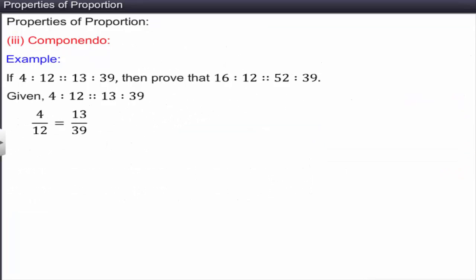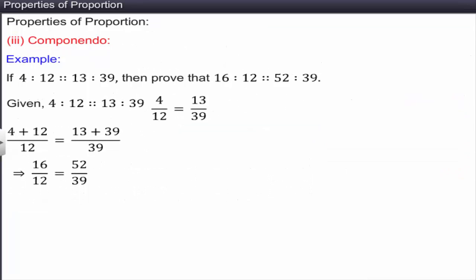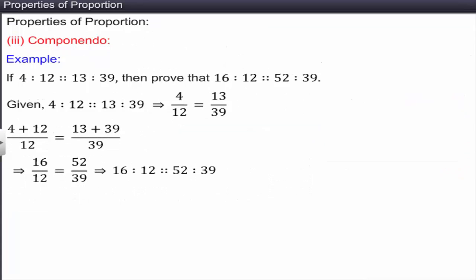Now, on applying the property of componendo, we get 4 plus 12 divided by 12 is equal to 13 plus 39 divided by 39. On simplifying, we get 16 divided by 12 is equal to 52 divided by 39. It can be written as 16 is to 12 is as 52 is to 39. Hence, 4 is to 12 is as 13 is to 39 implies that 16 is to 12 is as 52 is to 39.